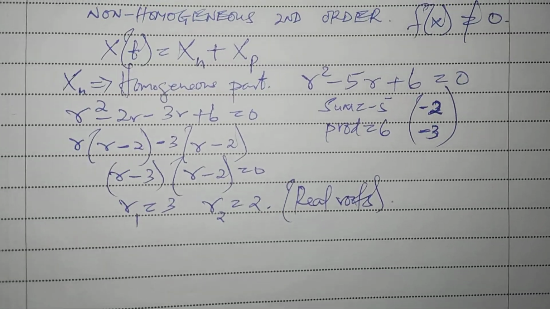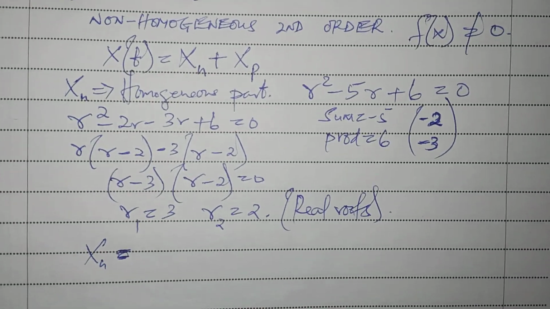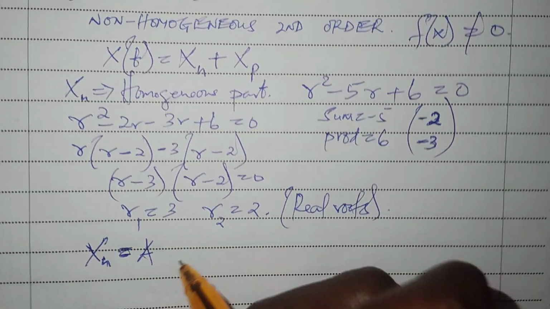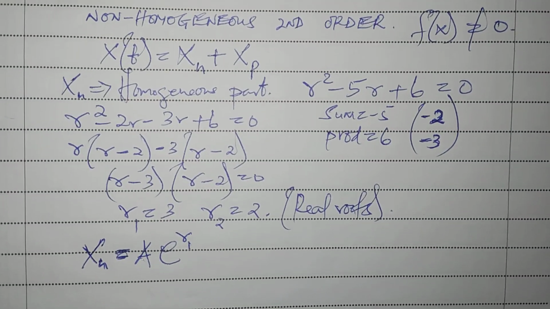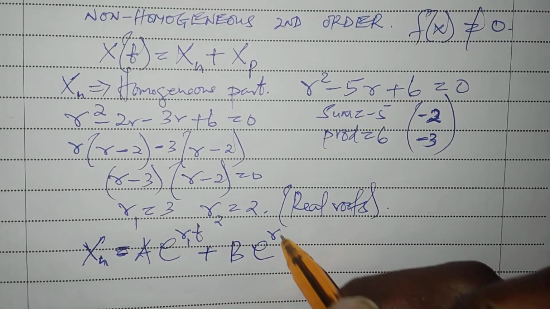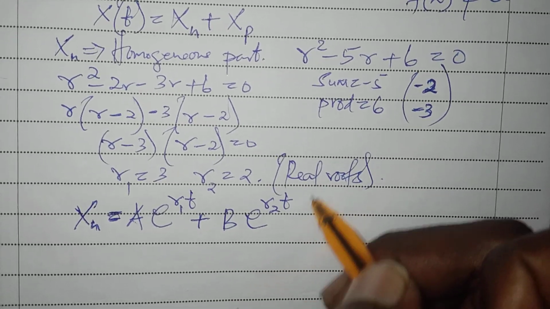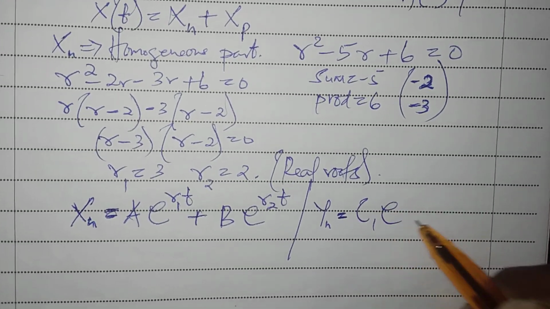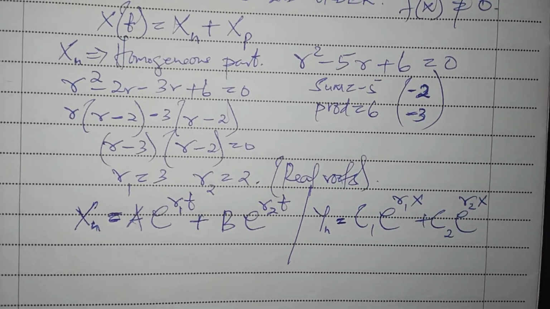When you remember, if you have real roots, then the format of the general solution xn is a e to the r1 t plus b e to the r2 t. Or when it is in terms of y and x, we can have c1 e to the r1 x plus c2 e to the r2 x.